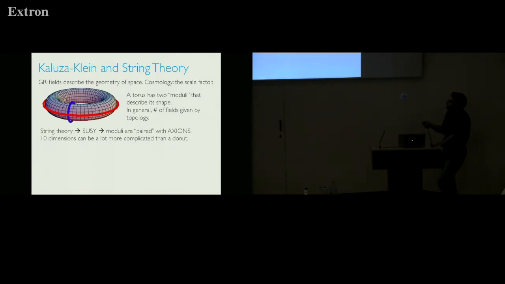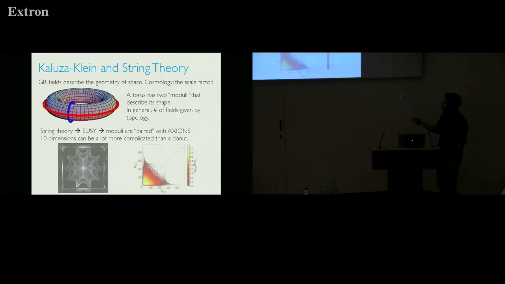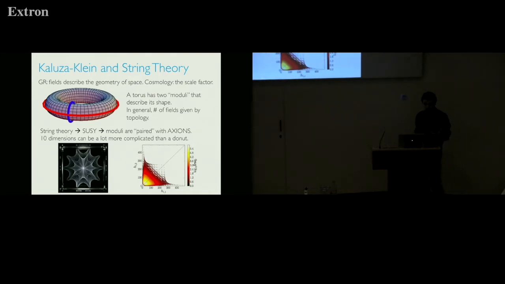String theory, as you're probably well aware, naturally lives in 10 dimensions. And so you have to wrap up those 10 dimensions so that we don't see them. And the ways that you can wrap up 10 dimensions can be topologically much more complex than things like a torus. This is just a cartoon to illustrate that degree of complexity of 6-dimensional manifolds.